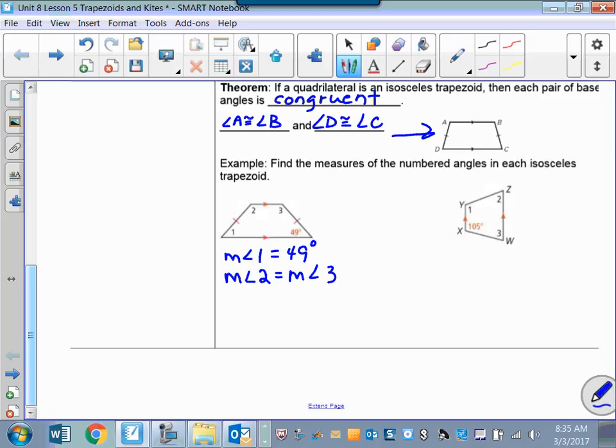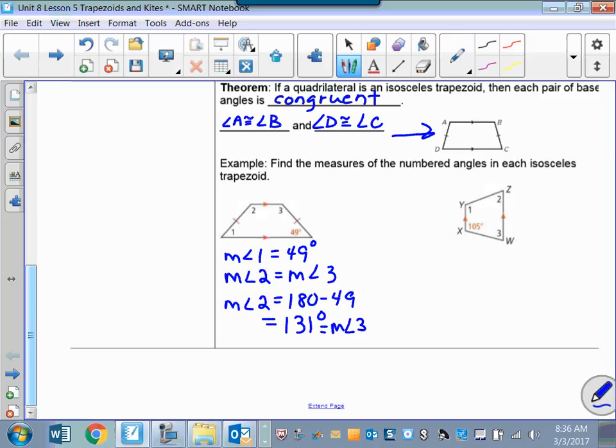And I know that 1 and 2 are going to be supplementary, right? Because they're consecutive interior angles. So since 1 measures 49, the measure of angle 2 is going to be 180 minus 49, which equals 131 degrees. And so, of course, that's the measure of angle 3 as well.